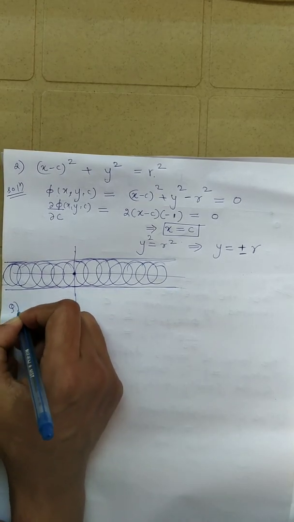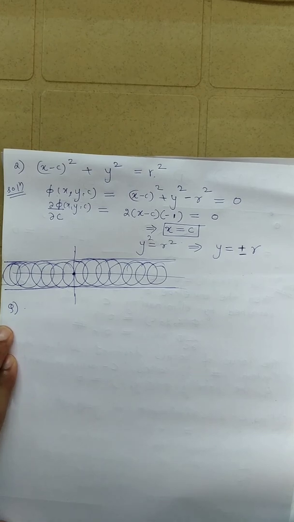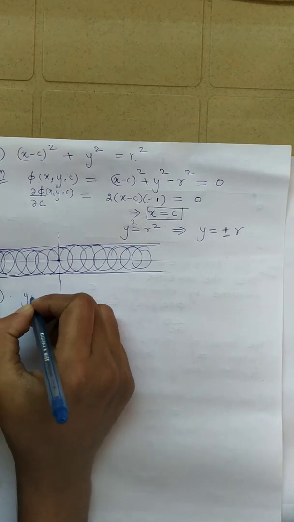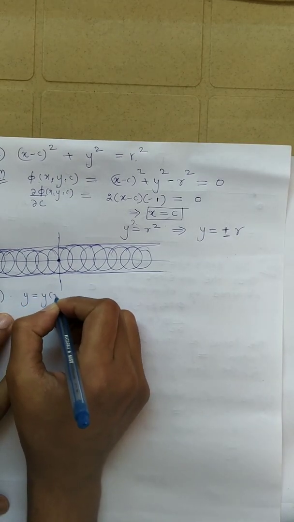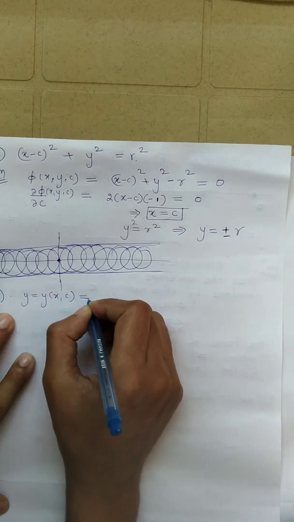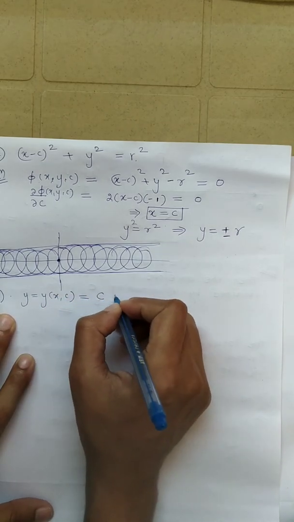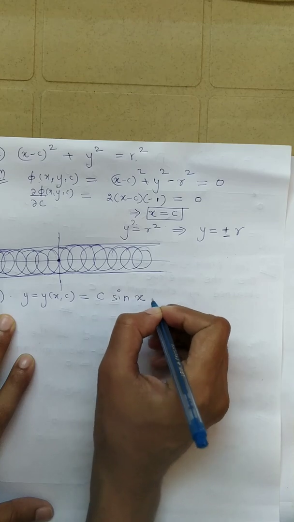Let us look at one more example. y of x comma c is given of the form c into sin x.